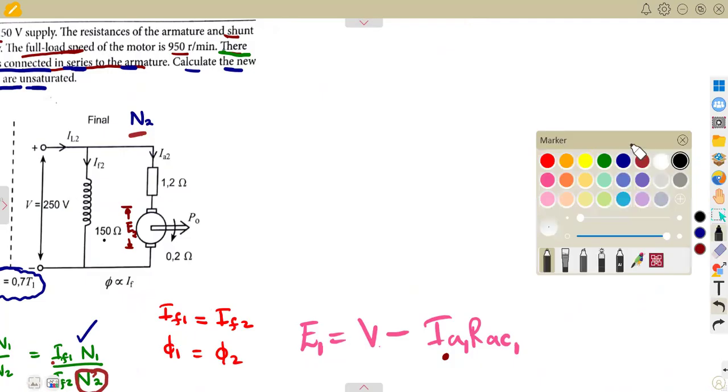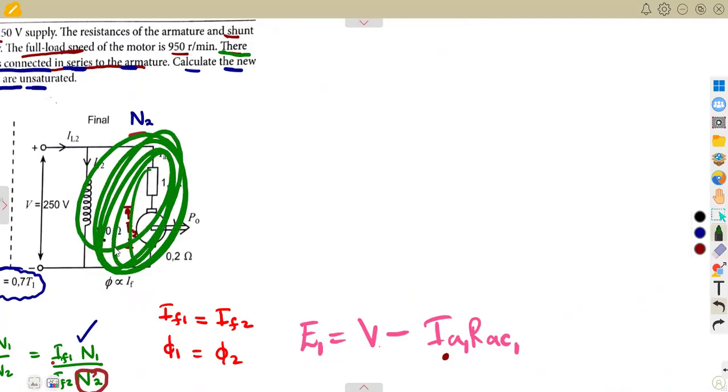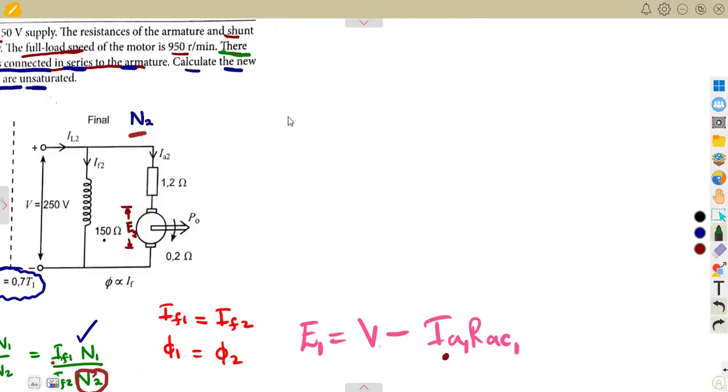But now let us consider that you wanted to calculate E2, which is the generated EMF of the final circuit, the one we are given after the changes. E2 is equal to V minus the armature current of the second circuit times everything that you are given in the armature circuit, the resistance of the armature, meaning what affects the armature.